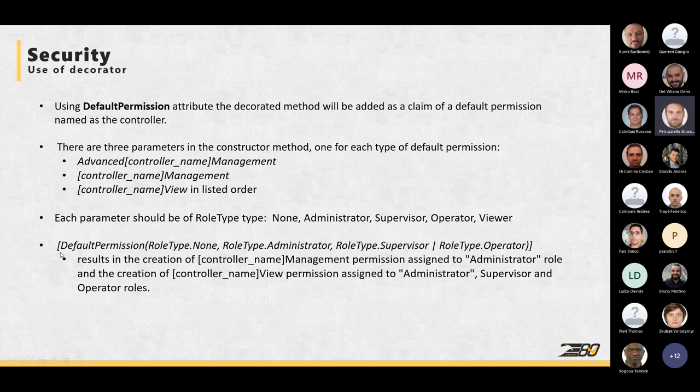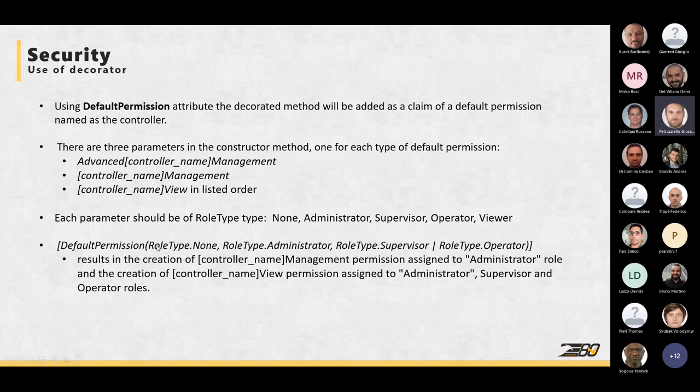So this is an example that you can find in the code of the BFF project. So we have default permission. So this part is related to an administrator, advanced management permission.